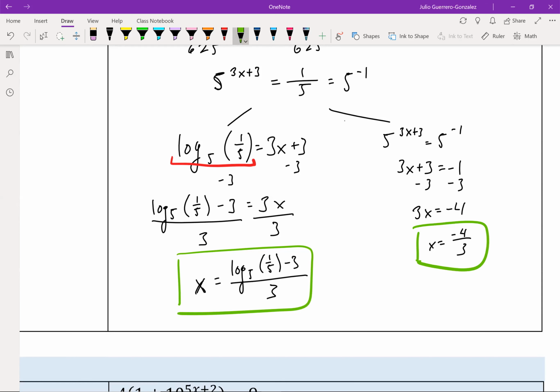Turns out both of these things are equal, and this turns out to be negative 1. So either which way you guys do it, you should get the same answer.